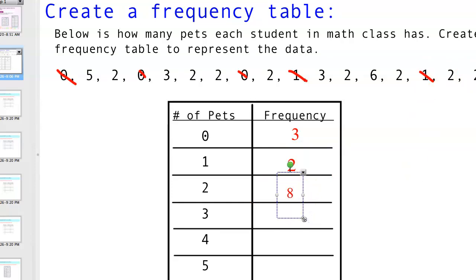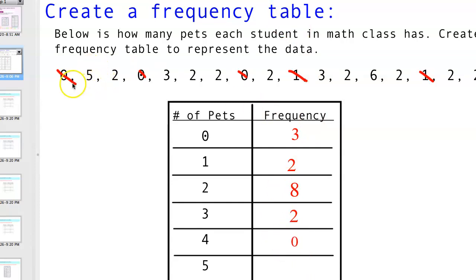For 3, I'm going to go through and count how many 3s I have. 1, 2. I have 2 3s. Okay, how many 4s do I have? I have 0 4s. Okay.